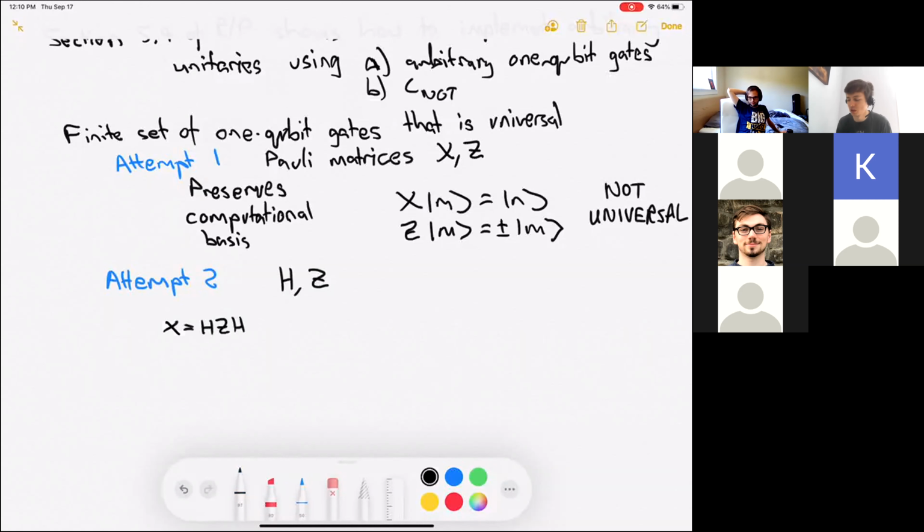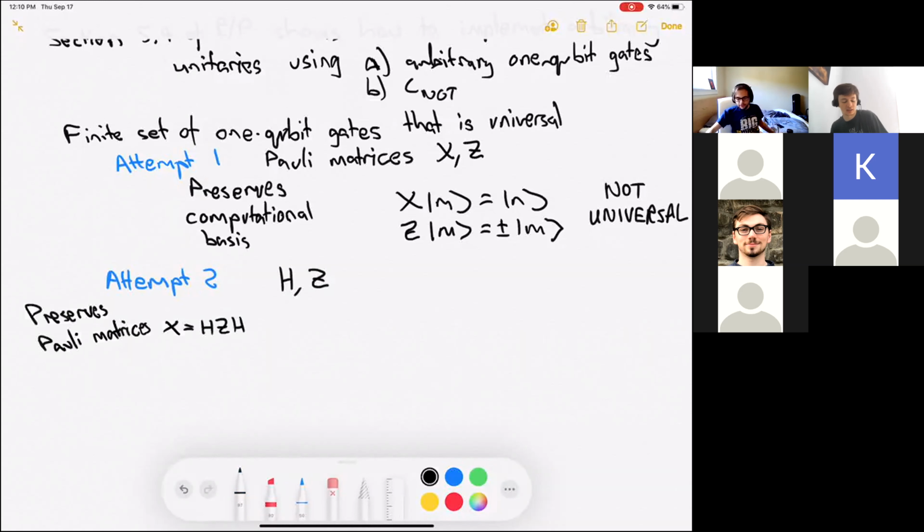Because the H lets us switch between the two bases. Okay, so this is no longer going to preserve the computational basis, but what it does instead is it preserves Pauli matrices.